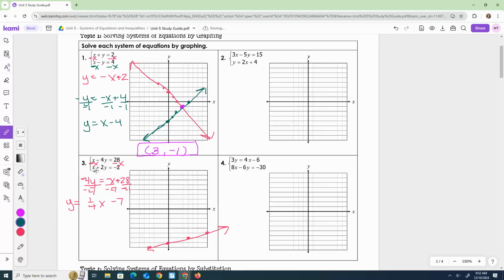Second line, I'm subtracting my x. So 2y equals negative x minus 2. Divide everything by 2. So y is negative 1/2 x minus 1. So we start at negative 1, then down 1 and right 2.